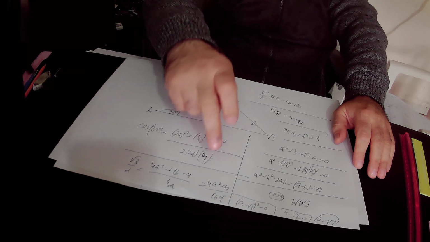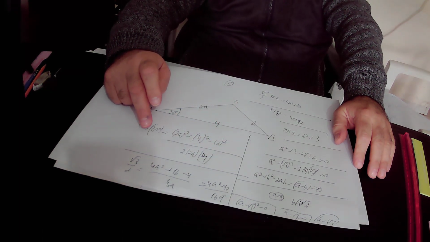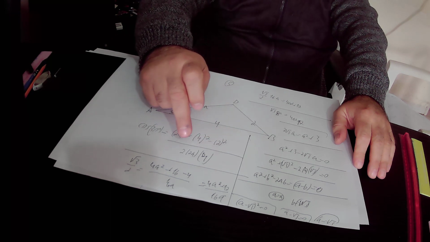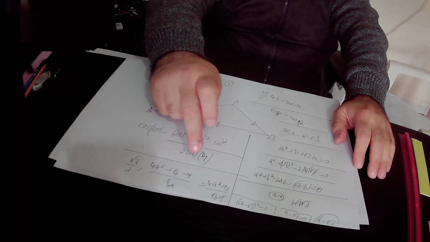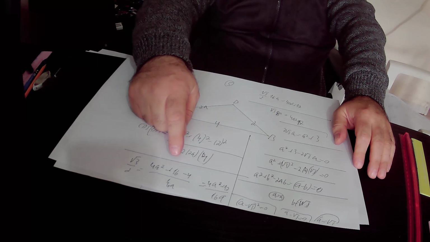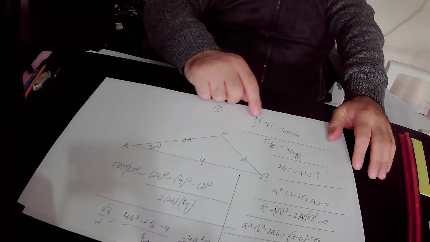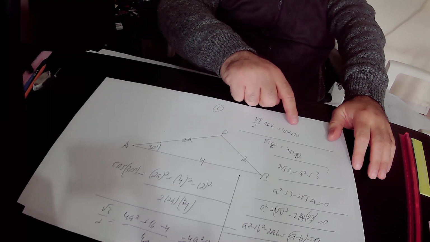So in the denominator we have 16A, and in the numerator we have 4A square plus 12. Then we multiply this equation by 16A, and we got that square root of 3 over 2 times 16A equals 4A square plus 12.